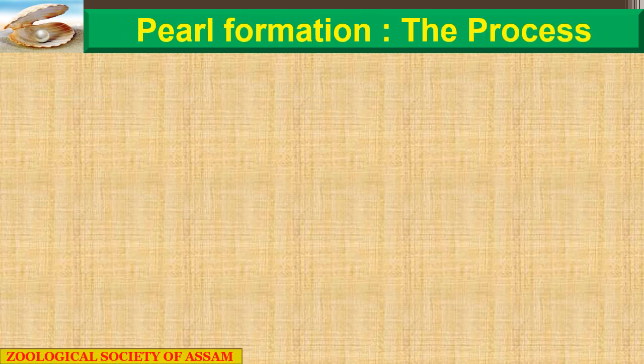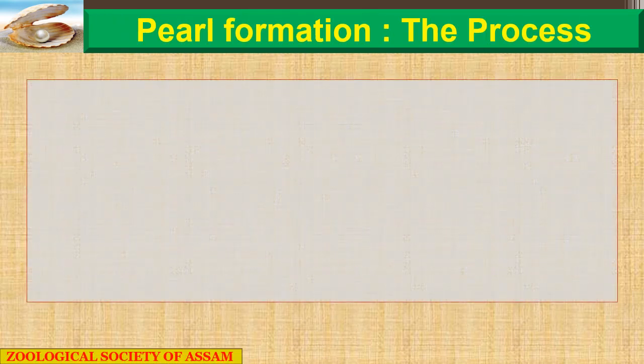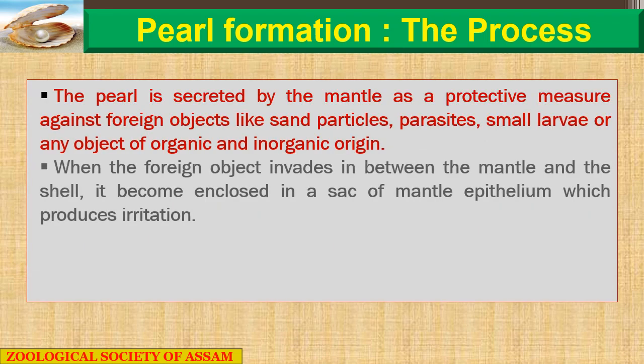Pearl formation, the basic process. Pearl is secreted by the mantle as a protective measure against foreign objects like sand particles, parasites, small larvae, or any object of organic or inorganic origin.